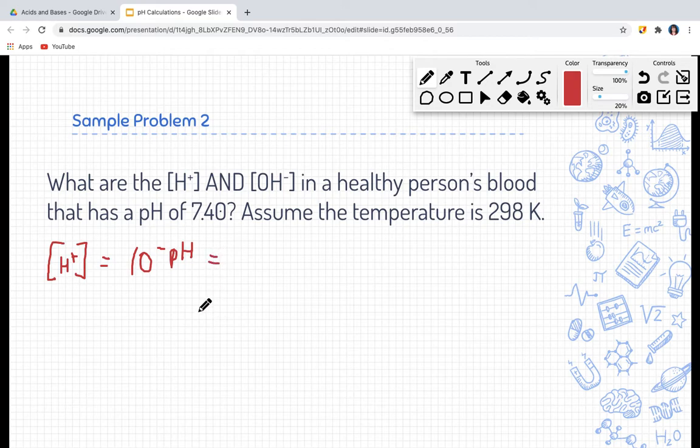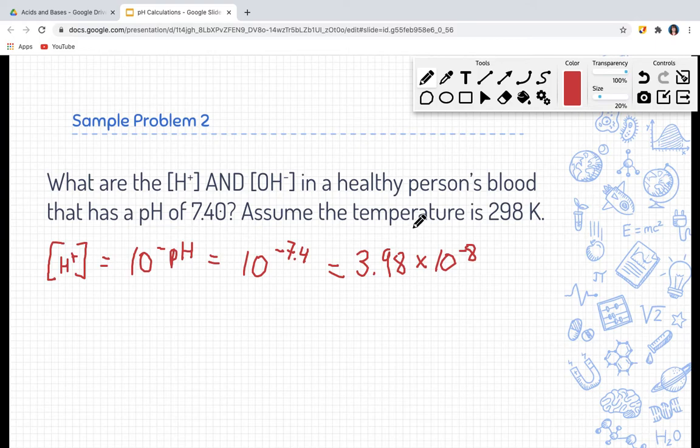So what we're going to do, we're going to take 10 to the negative 7.4. I would just push that second log to get you the power of 10, and then negative 7.4, put that in parentheses, okay, and you get 3.98 times 10 to the negative 8.